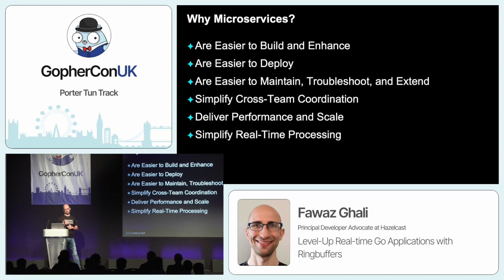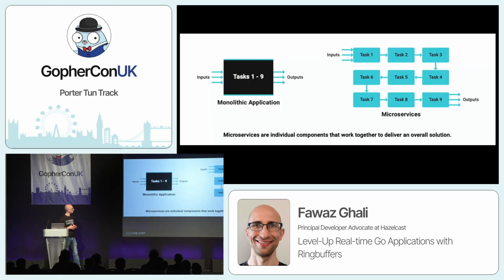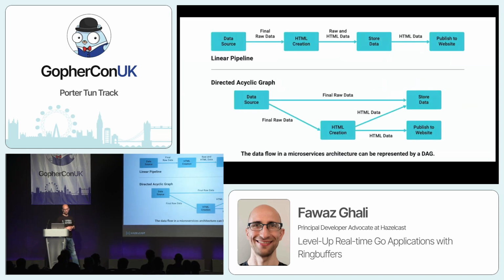And of course, it's easier if you want to track performance or if you want to do some kind of stream processing. So in simple terms, if you have a Go application on the left side and you want to transfer it into a microservice architecture, you can split it into multiple tasks, and from there you can connect it to multiple topics in Kafka. For example, you can use something called DAG format.